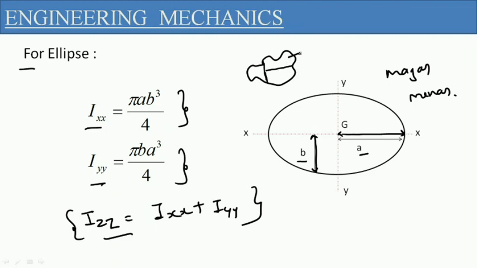We need to define the moment of inertia for each and every section, and after that we will do the summation of all the moments of inertia and we will get the final value of moment of inertia for this arbitrary section. So this is all about the different formulas of moment of inertia for different planes or different sections.